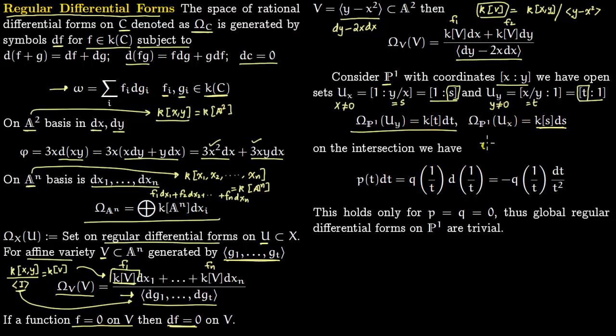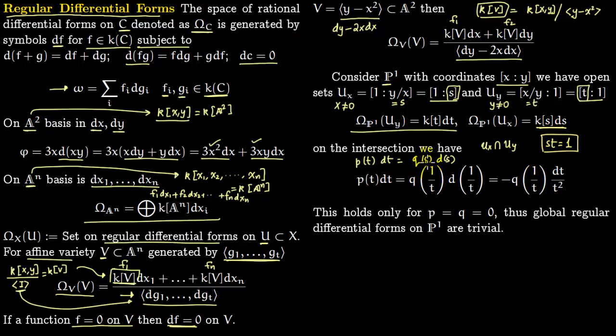So on the intersection U_x intersect U_y, we basically have p(t) dt equals some q(s) ds. Now you can see s is y by x and t is x by y, so st is 1.